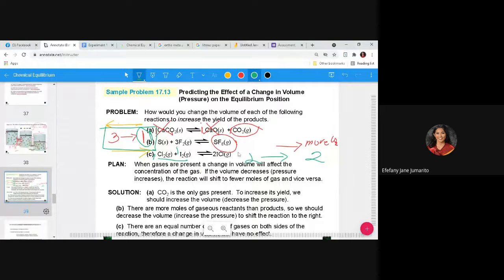Increasing the volume or the pressure will have no effect. Your answer here will be no effect, since they are equal. Letter A, 0 is the 1, correct? Because we are only counting our gases, not our solids or liquids. So 0 is the 1.